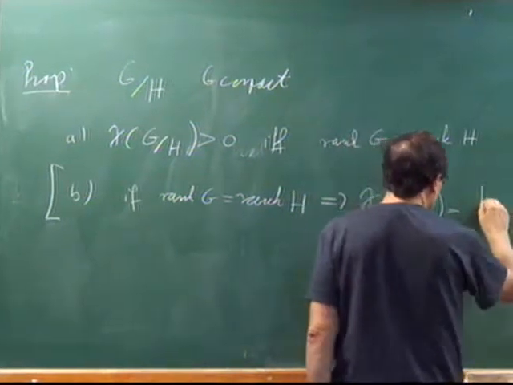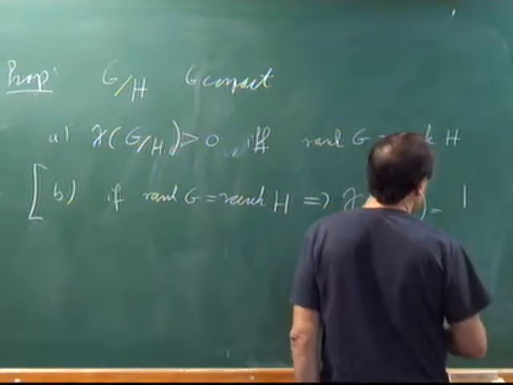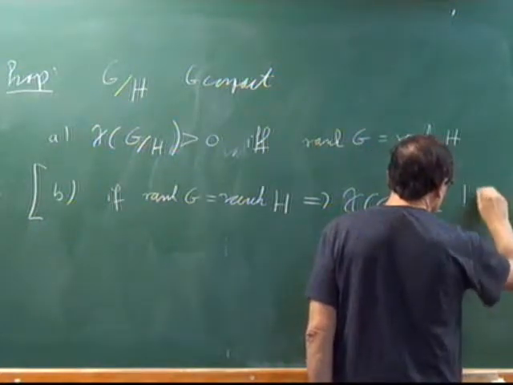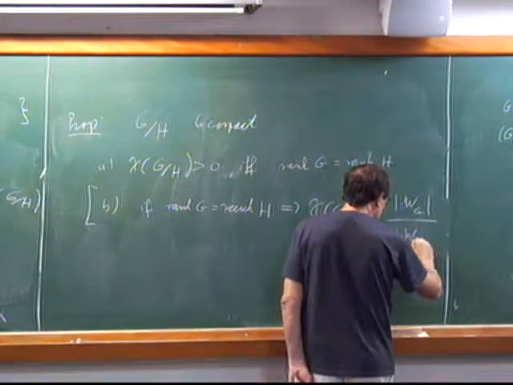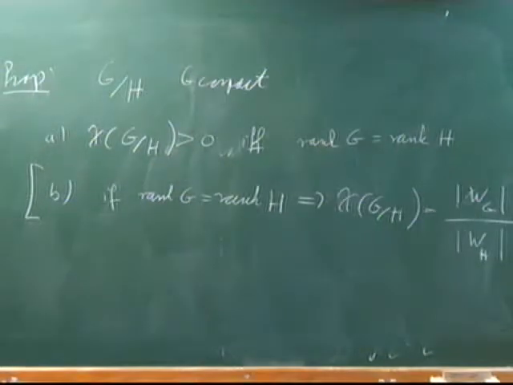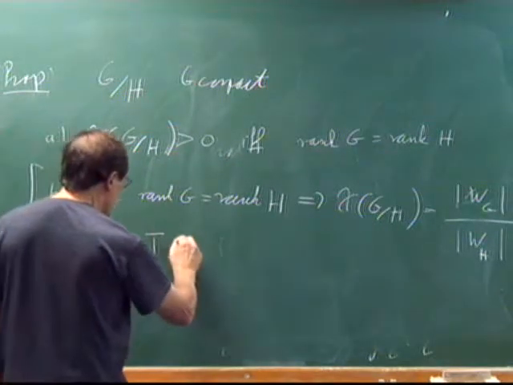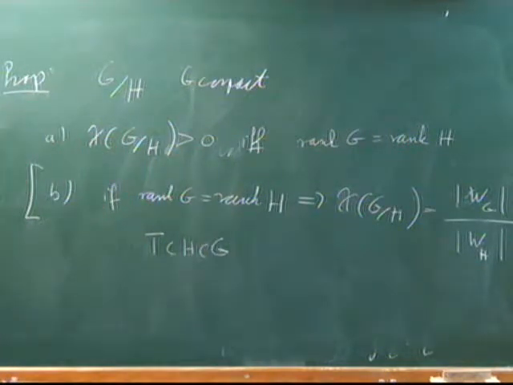And it's the order of the Weyl group of G divided by the order of the Weyl group of H. So H is a subgroup of G. They have the same rank. For example, I can look at the maximal torus inside H. H and G have the same rank.